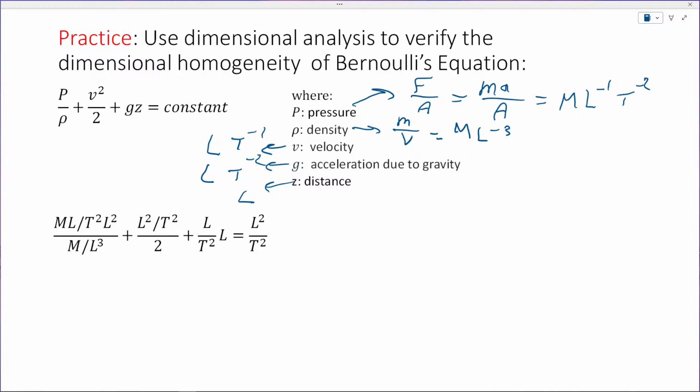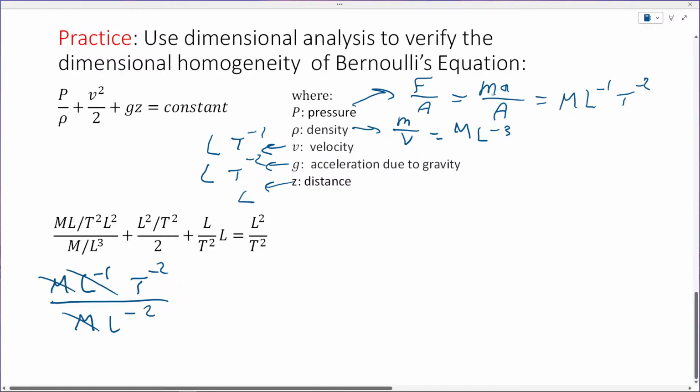So pressure is M L minus 1 T minus 2, over density, which is M L minus 3. So this M will go away with this M, and the L's combine, and then this will be T minus 2.